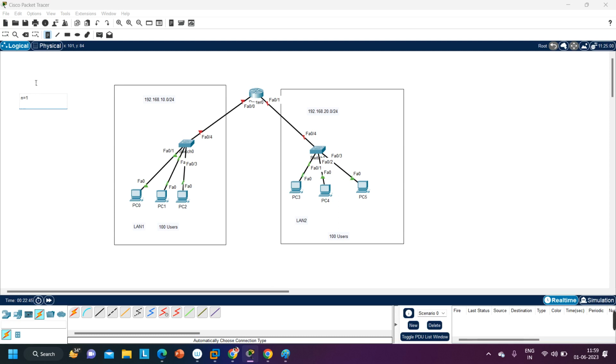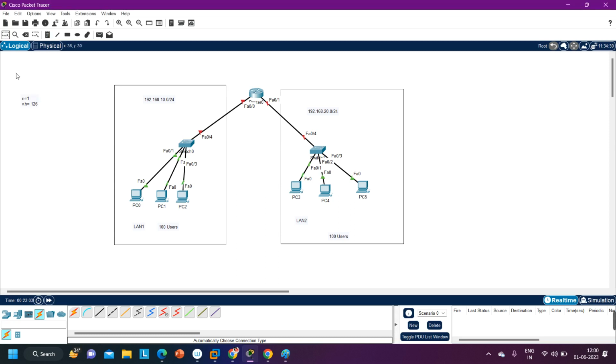After that, you can calculate valid hosts. If you have borrowed 1 bit, then the valid hosts will be 2 to the power 7 minus 2, that is 126.